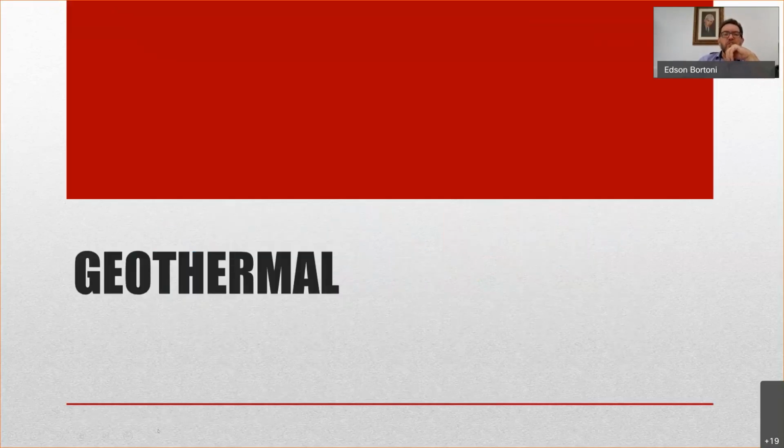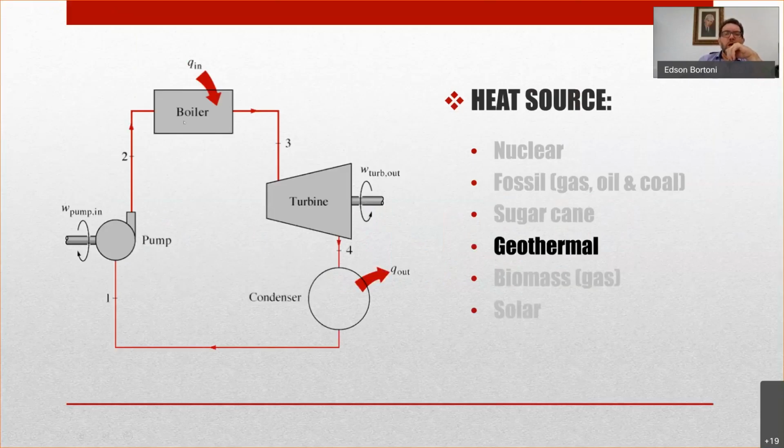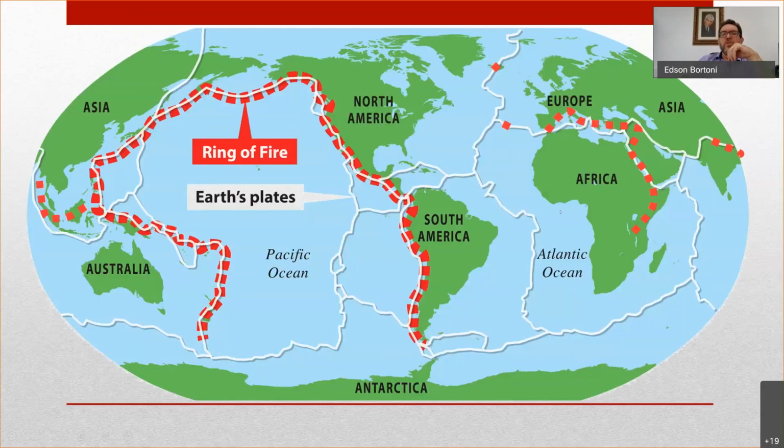Let's see about geothermal. Now we are using the heat from geothermal. Geothermal comes from the movement of the tectonic plates, creating what we call the ring of fire, the place where we have earthquakes and volcanoes.